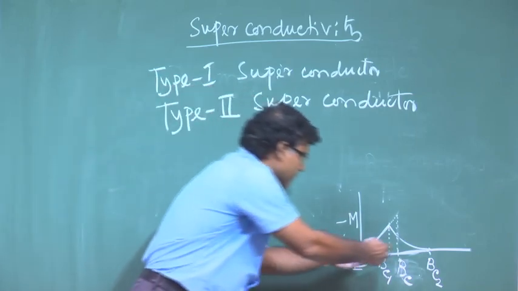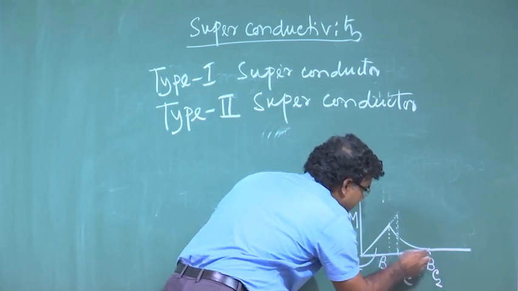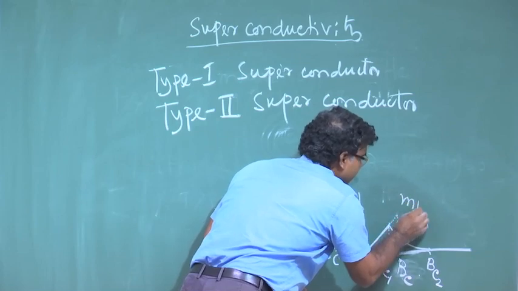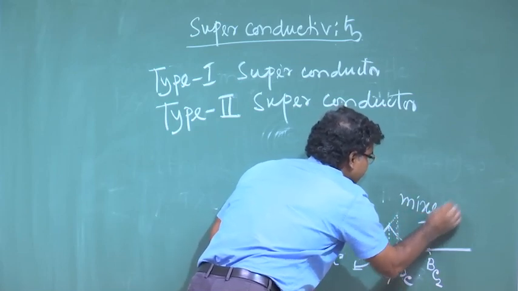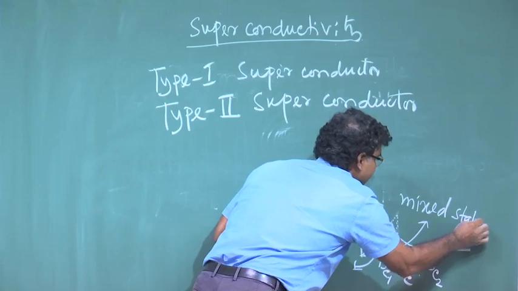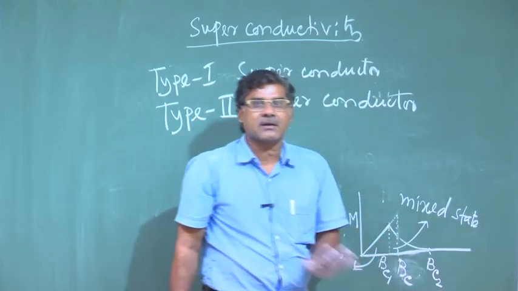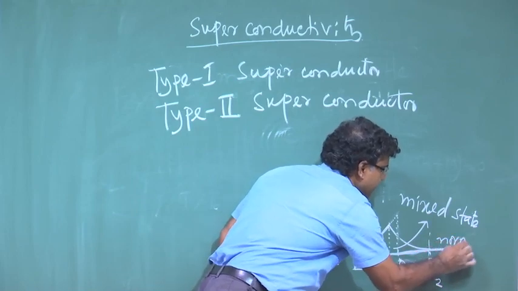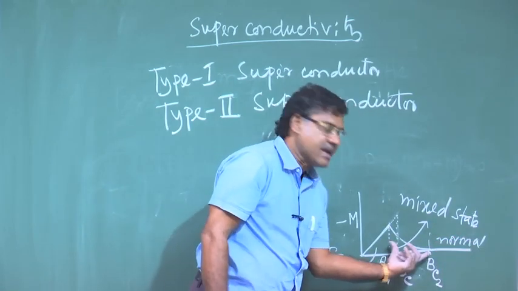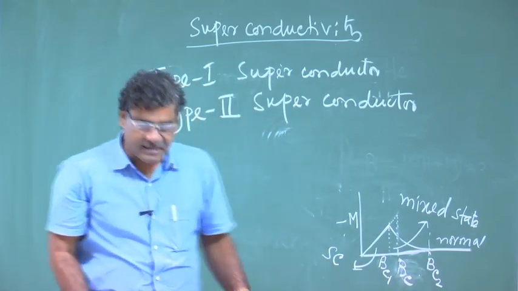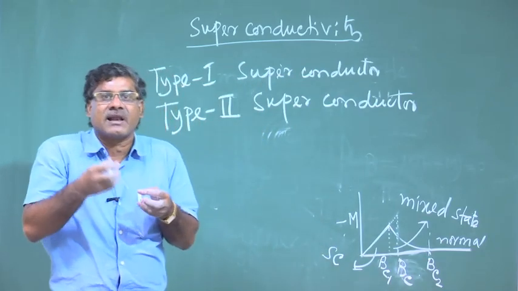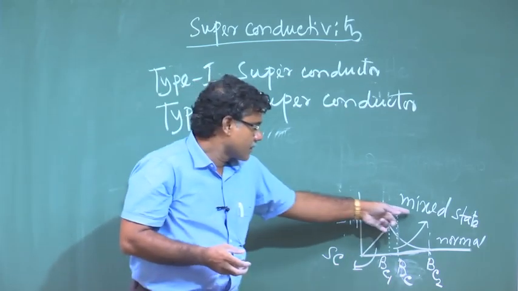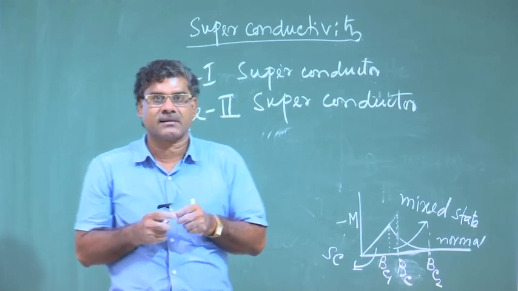So, this part between these two we call the mixed state. Above BC2 it is the normal state. Okay. Mixed state means the superconducting state as well as the normal state are there.